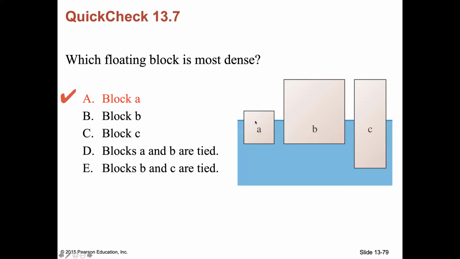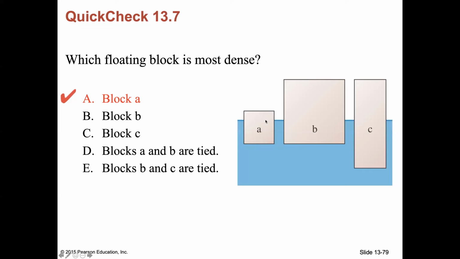Okay, actually it's A. Why? Because if you compare the ratio of the submerged part of the object, A has the largest ratio of the volume submerged over the volume of its whole object.